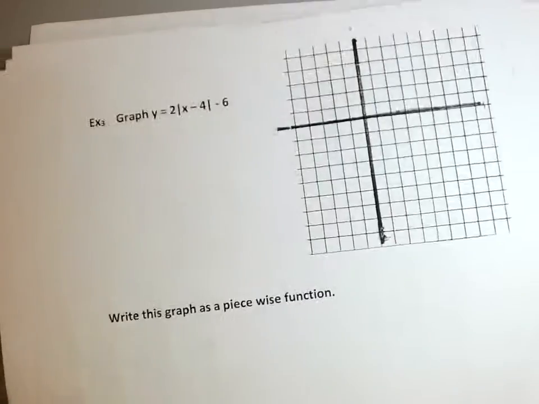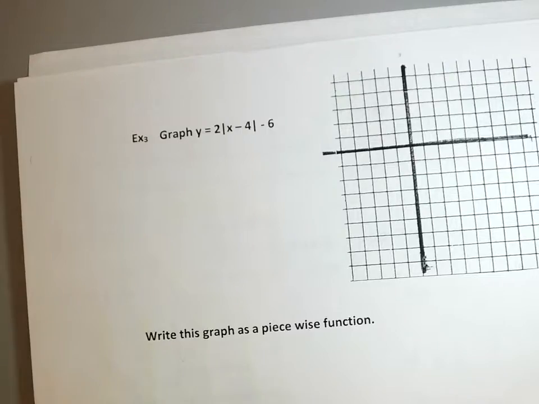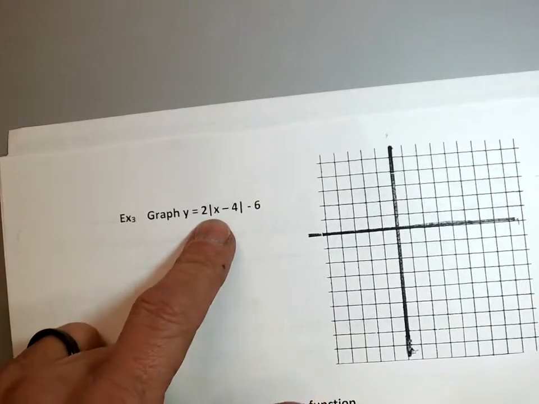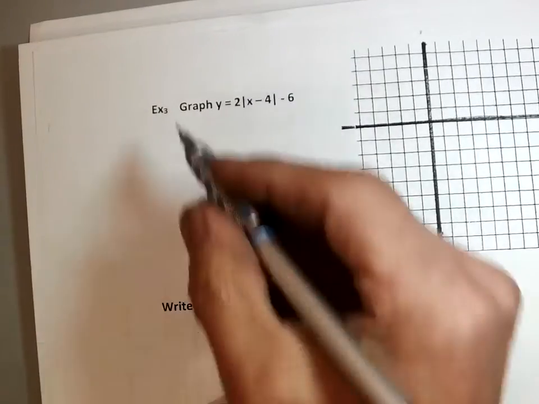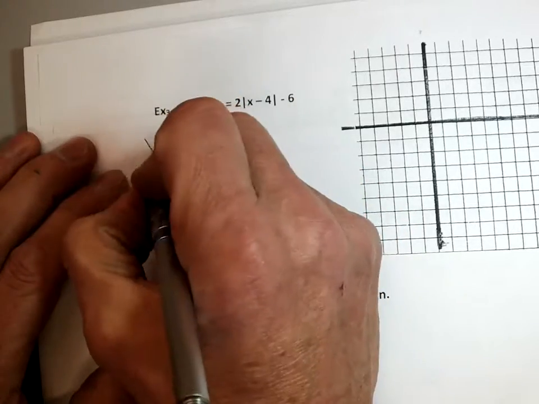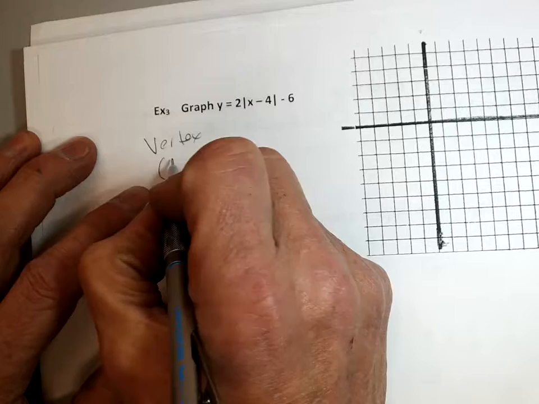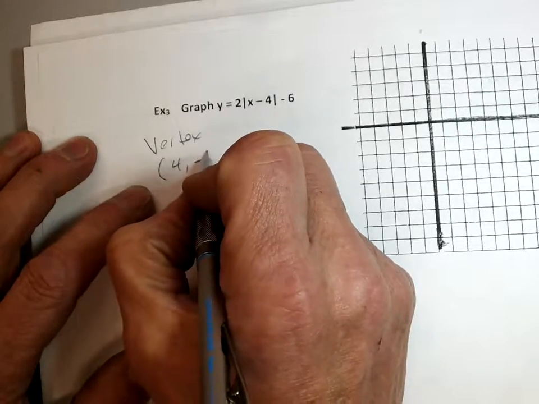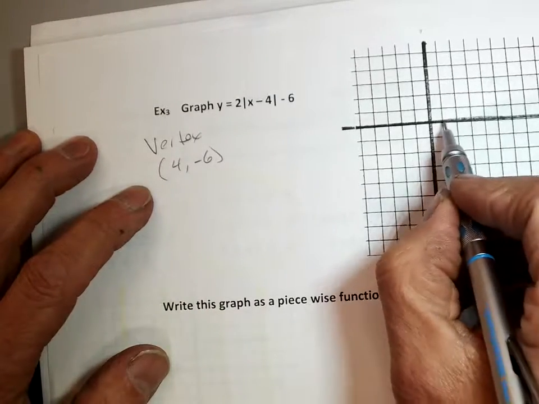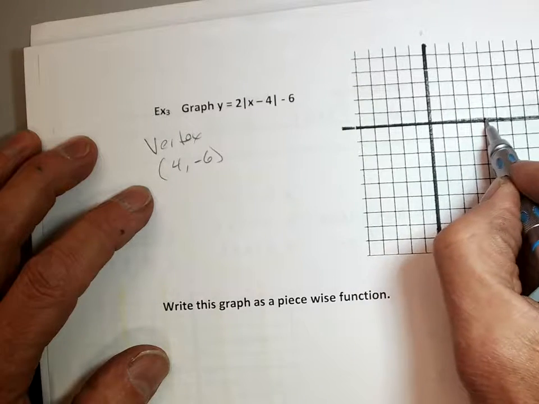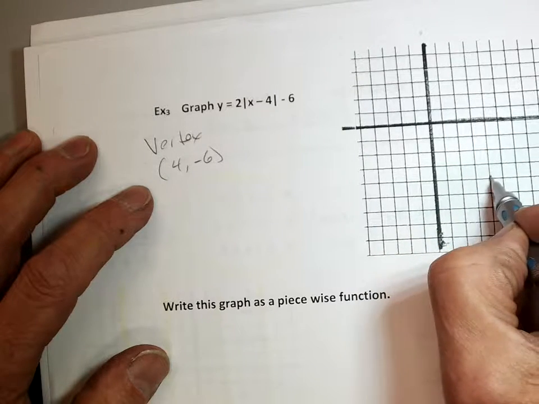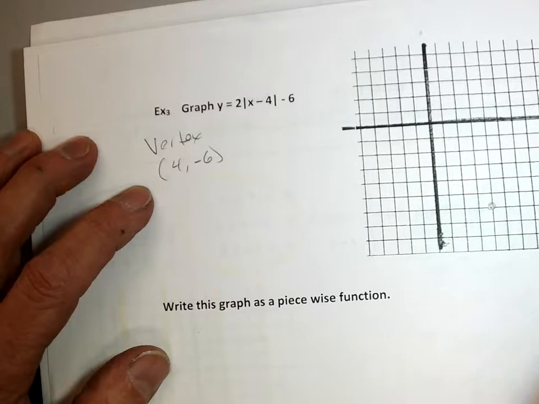All right, example 3. It's an absolute value graph. It's a V. First of all, the vertex is at positive 4, negative 6.